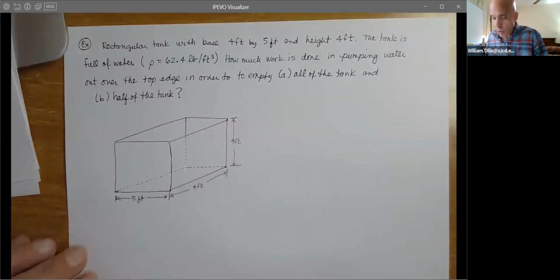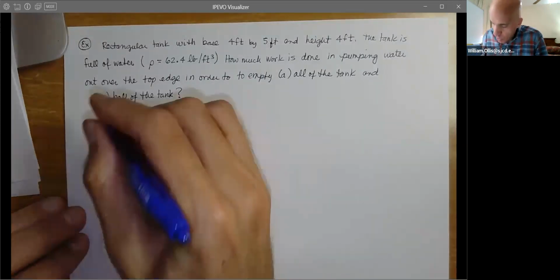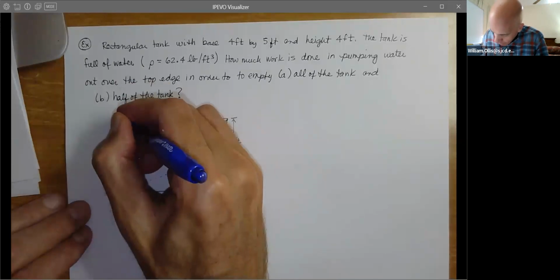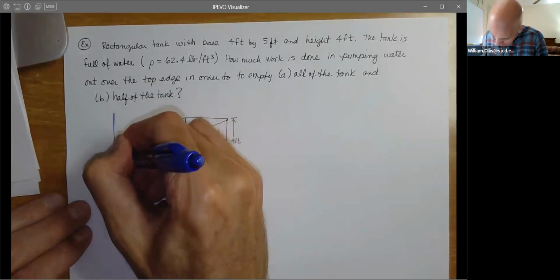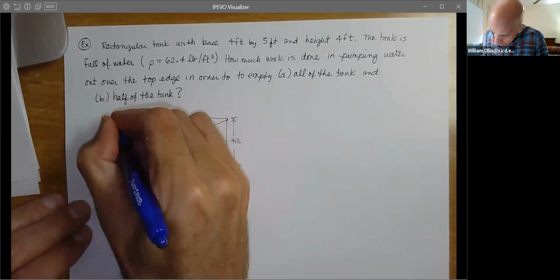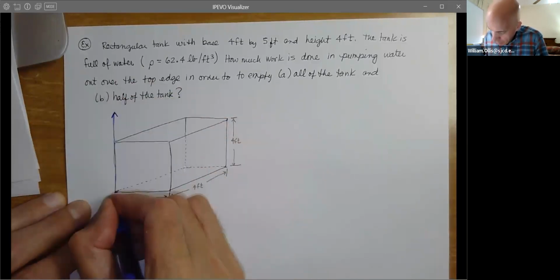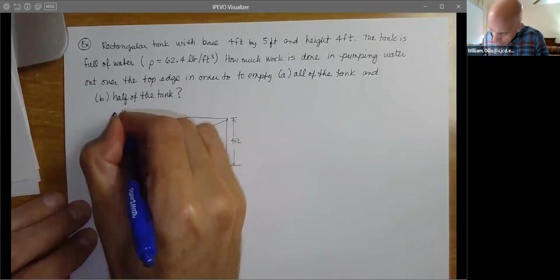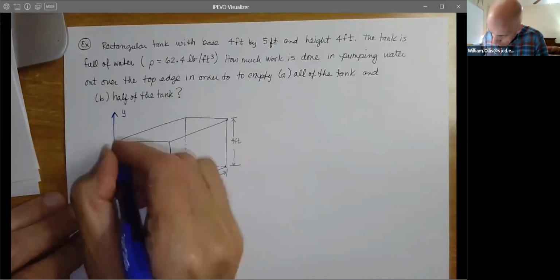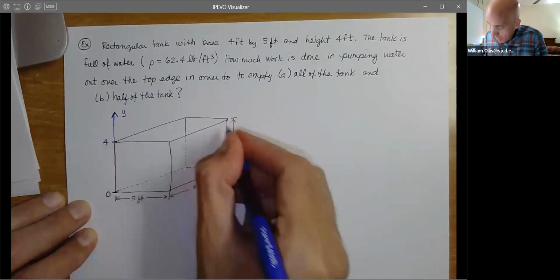Now, this is where you can be flexible. We'll put an axis right here, a y-axis, anywhere you want. We'll call this y, and you have a 0 here and a 4 here just by definition of the dimensions.